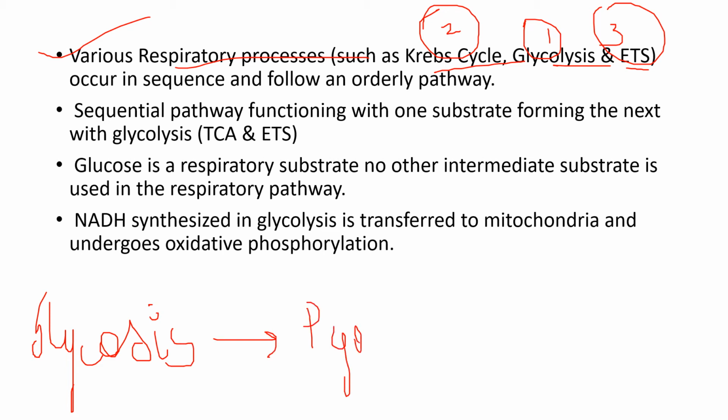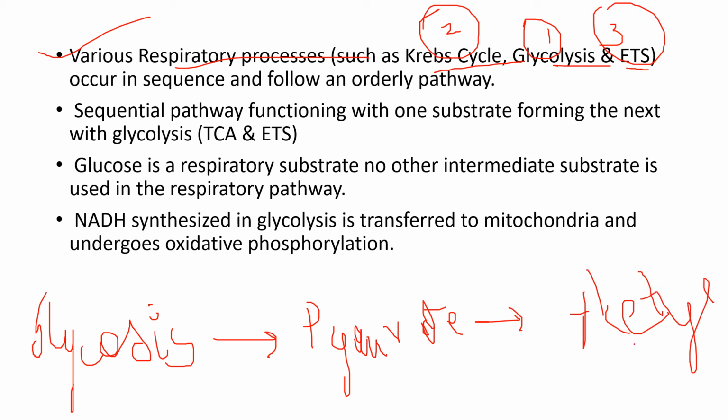The pyruvate then gives rise to acetyl coenzyme A, and acetyl coenzyme A then gets into the citric acid cycle, also known as Krebs cycle, and the whole process will repeat after this, and after this the ETS cycle. So they occur in sequence and follow an orderly pathway.